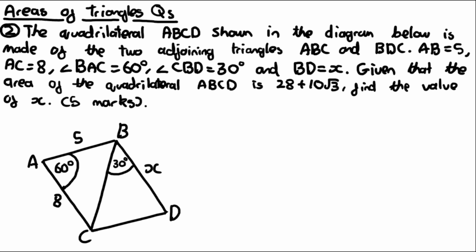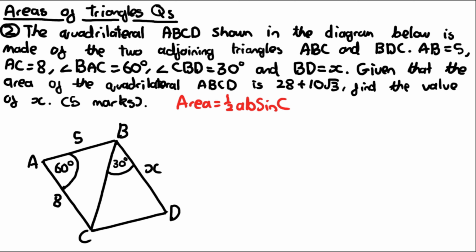We can figure out the area of this triangle because we have 2 sides and the angle in between, because remember the area is equal to half ab sin C, but we can't figure out the area of this triangle yet because we have 1 side and 1 angle. We would need this side here as well in order to give the area, but we can figure out this side because we can use the cosine rule here because we have 2 sides and the angle in between.